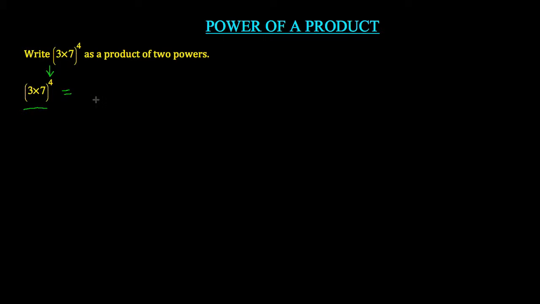Exponential notation tells us to write the base, which is 3 times 7, 4 times, all multiplied together. So it's going to look like this in expanded form: 3 times 7, multiplied by 3 times 7, multiplied by 3 times 7, and one more time, 3 times 7.